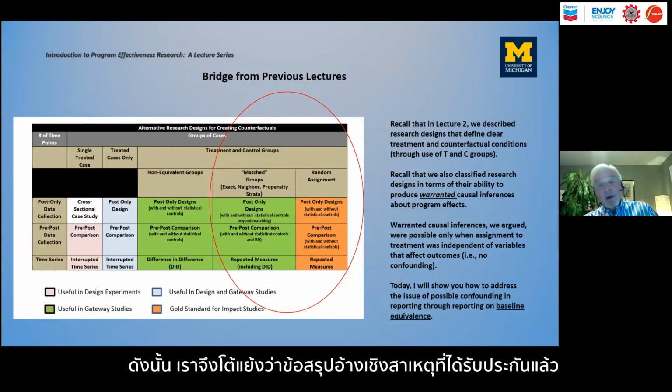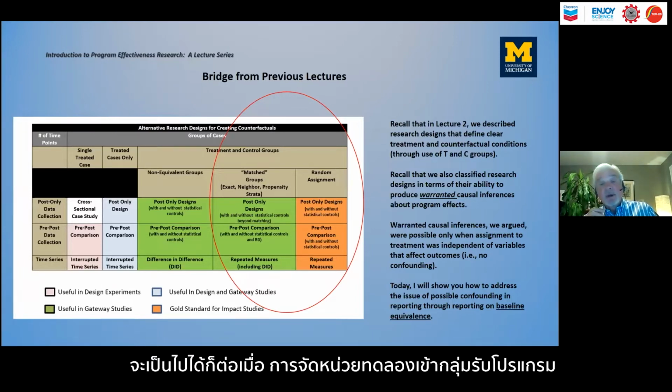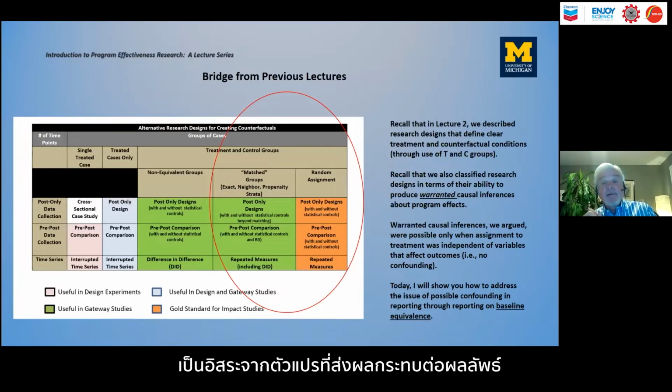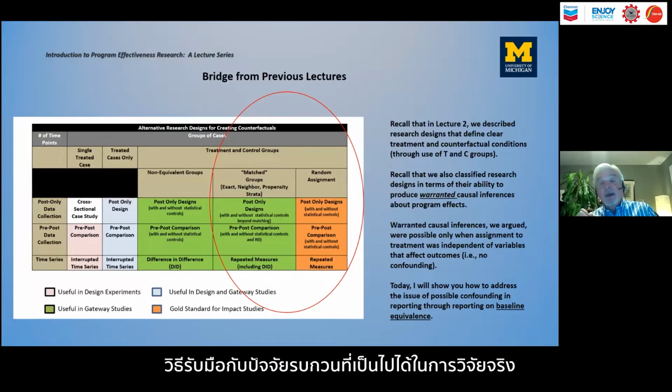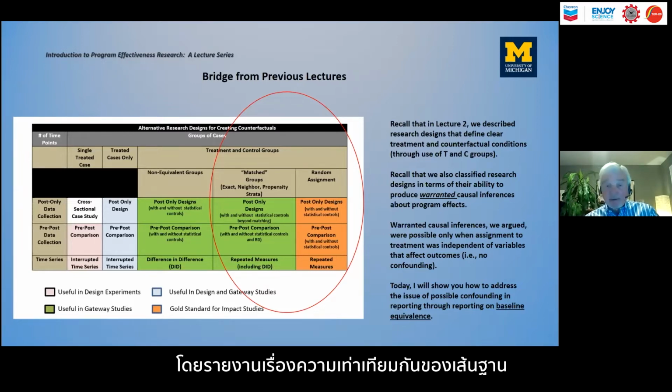Warranted causal inferences, we argued, were possible only when assignment to treatment was independent of variables that affect outcomes. That is, there is no confounding. And today I'm going to show you how to address the possible confounding going on in any real study by reporting about baseline equivalence.